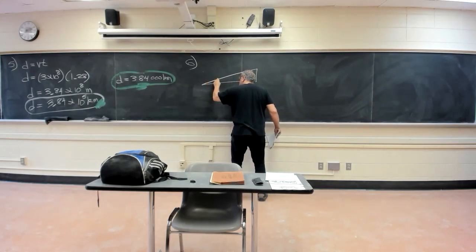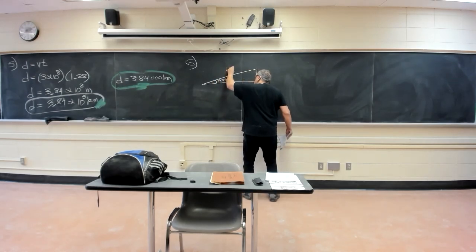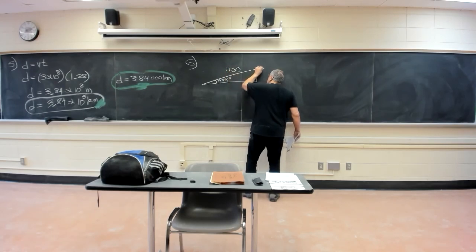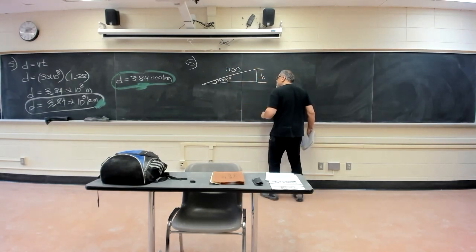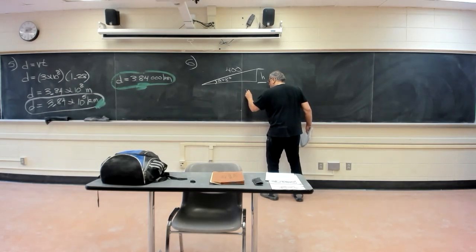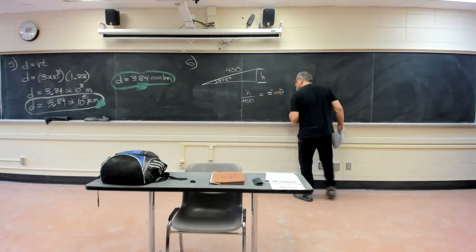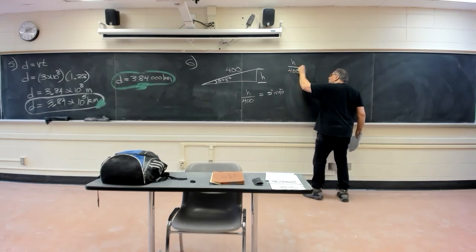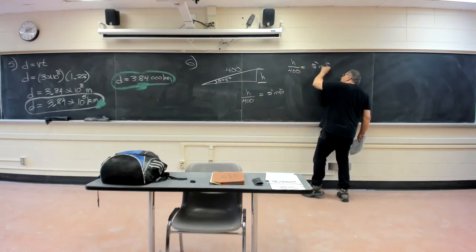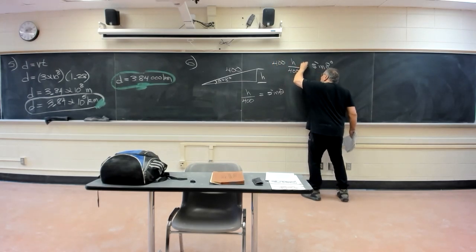If this is theta equals 8 degrees, and this is going to travel 400 meters, what is the altitude here? H. Well, H over 400 is the sine of theta. H over 400 is the sine of 8 degrees, multiplied by 400 on each side.